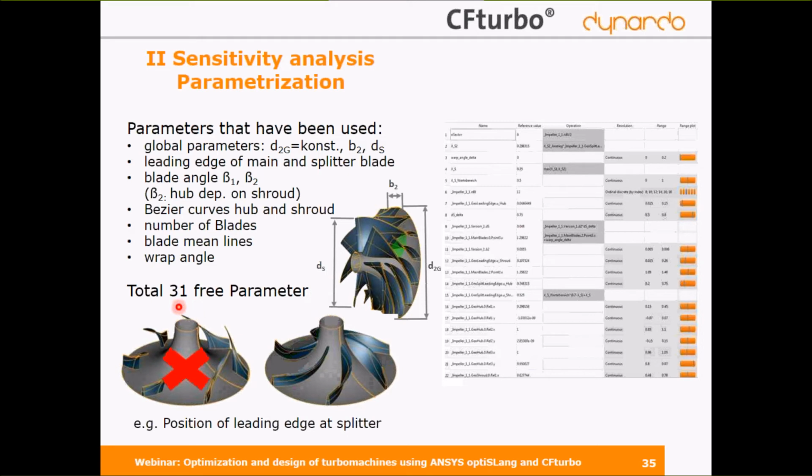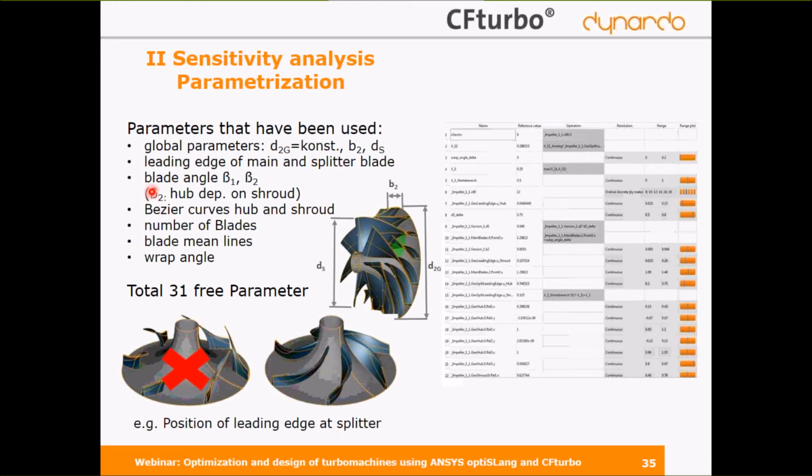And this is a good example to explain that you can put all the knowledge that you have from your system into the parameterization. So you know that to change the position of the leading edge of the splitter blade on hub and shroud independently would not make sense, because designs like these could happen. So you can make dependent parameters. And this is in order to get designs like this that always make sense.